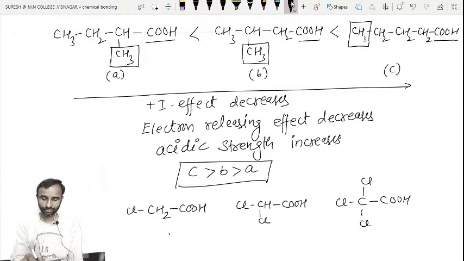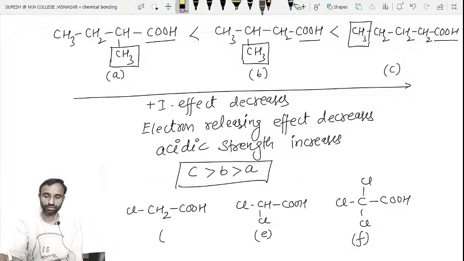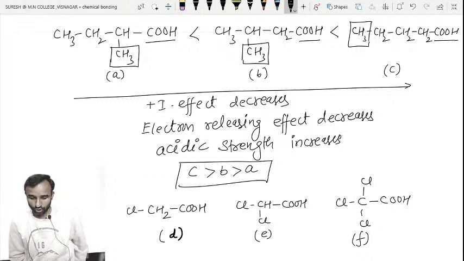Again, on the same page, I write it as D, E and F.